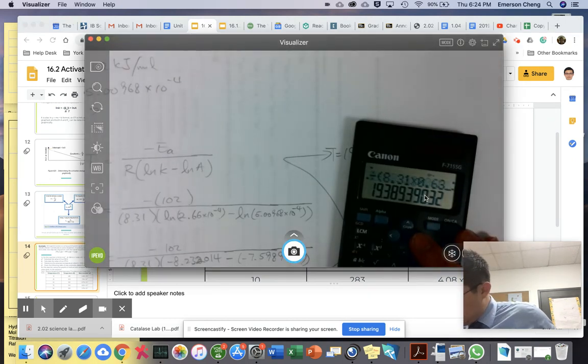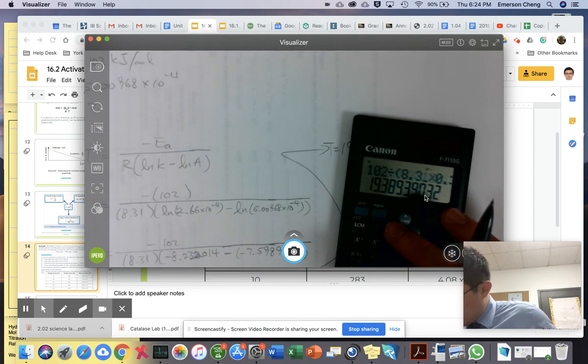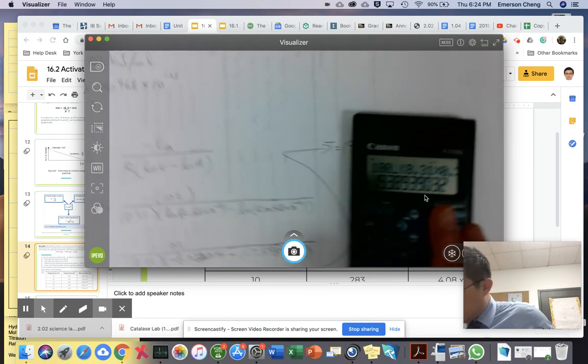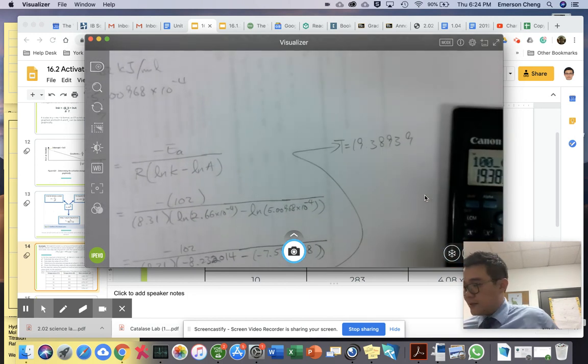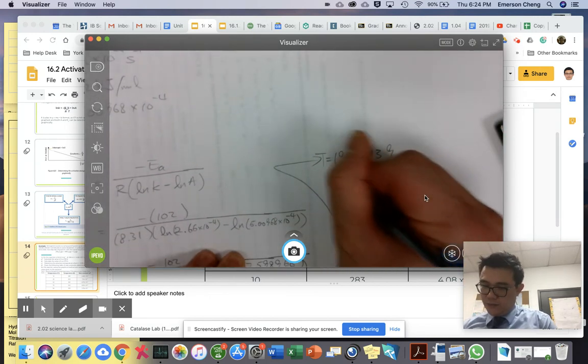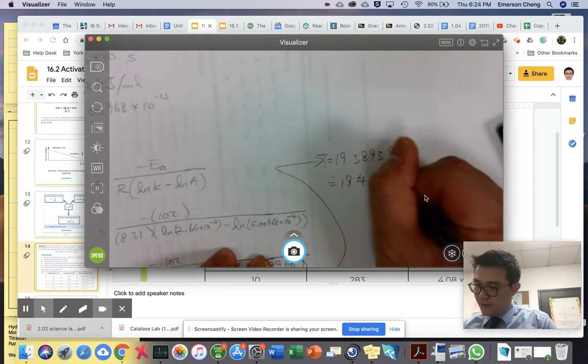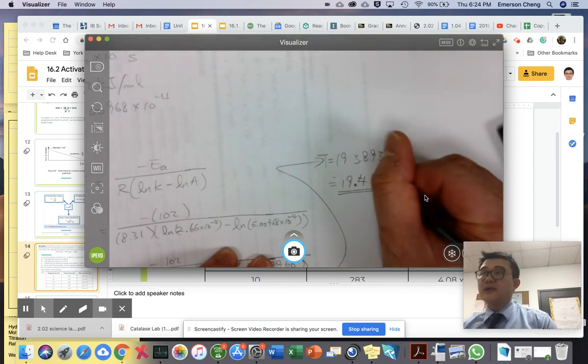Unless I made a silly mistake, this seems to be the right answer, 19.38. That's Kelvin. Let's round it to three sig figs again, so it'll be 19.4 Kelvin.